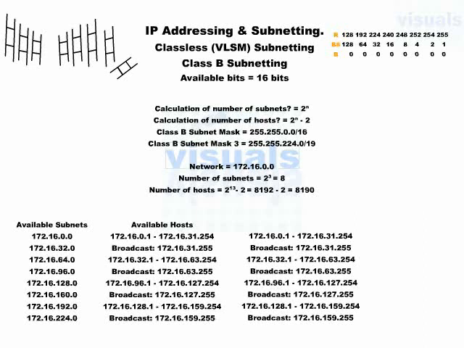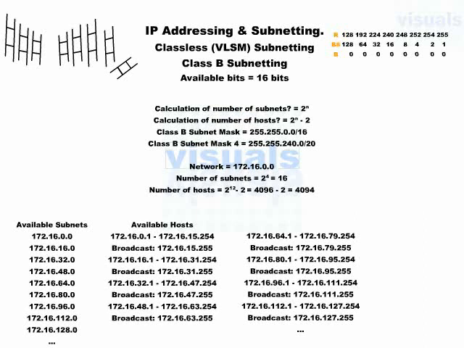Now let's move towards another scenario of class B subnetting. In this scenario I'm going to apply 4 bits for subnetworking and for subnets, and the remaining 12 bits for hosts. So by applying 4 bits on this network, we are getting 16 valid subnetworks, and we're getting a block size of 16.